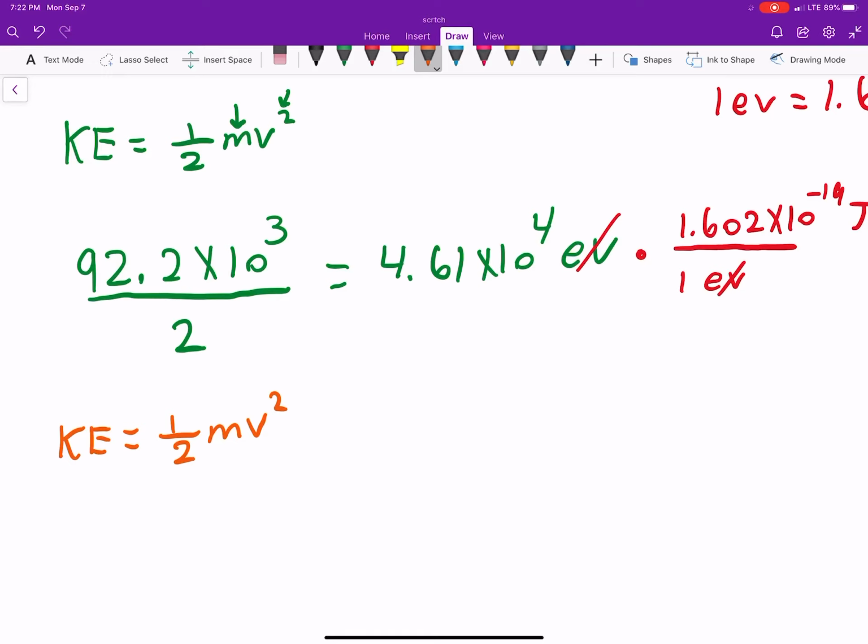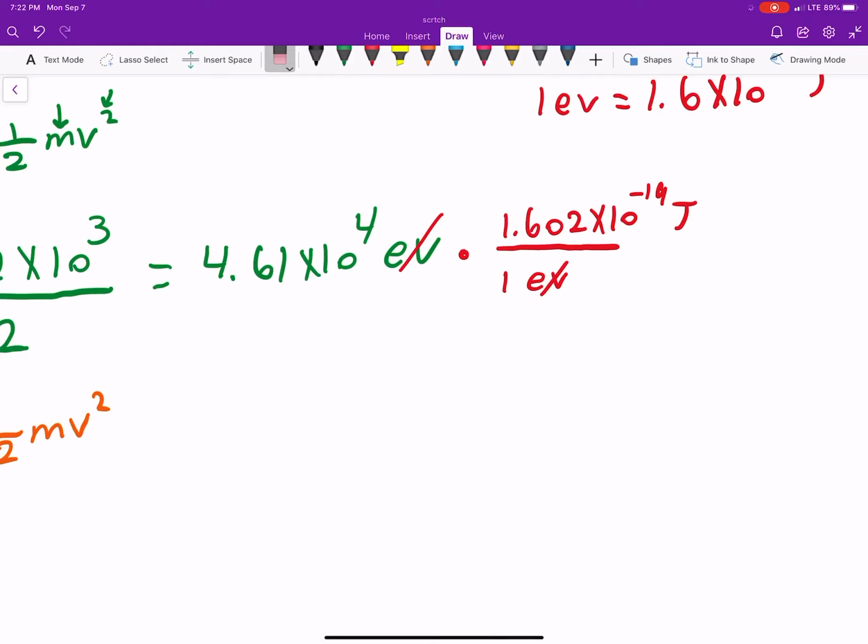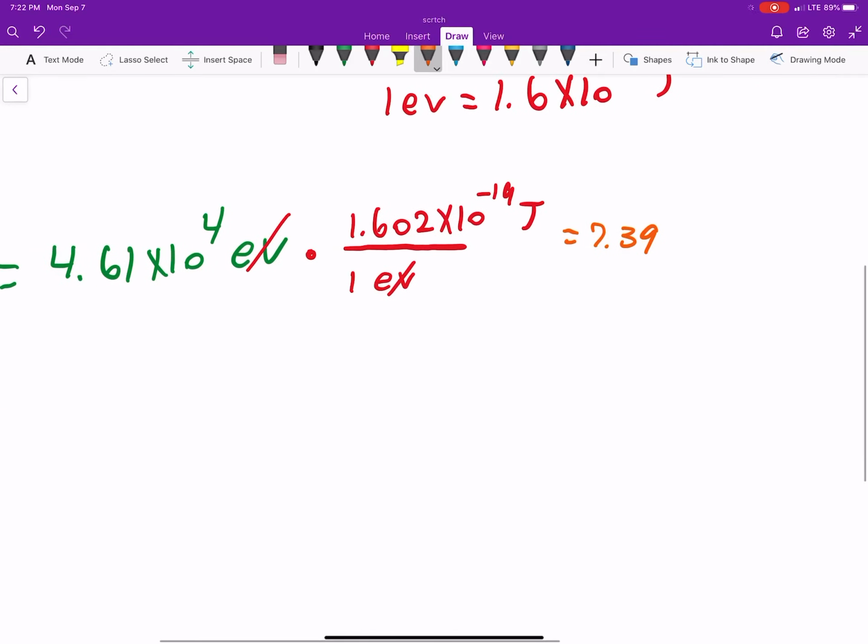But now, let me actually plug this in because I need that number. 4.61 times 10 to the 4th times 1.602 times 10 to the negative 19th, and that's 7.39 times 10 to the negative 15 joules.